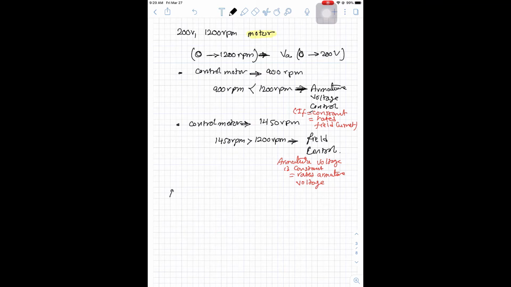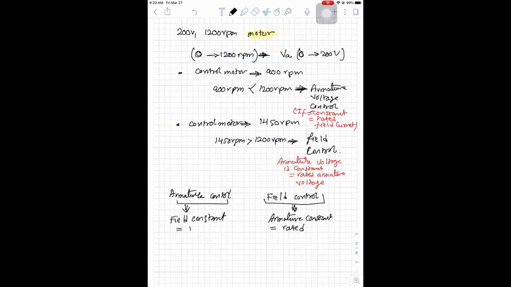So in armature control, we have to keep the field constant, equal to the rated value. And when we do field control, we have to keep the armature voltage constant, equal to the rated value.